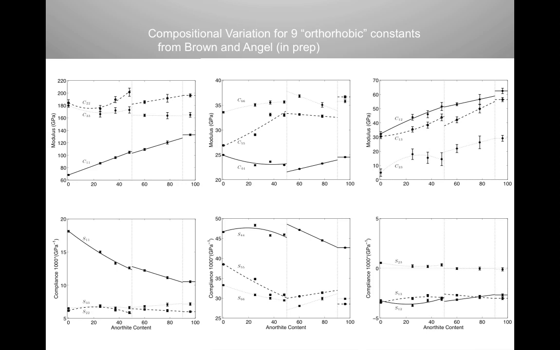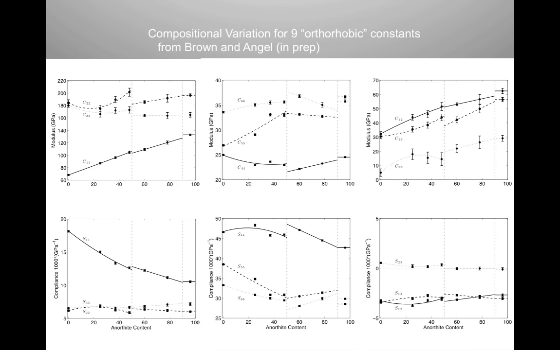Now the interesting thing is that C23 is very close to 0 for albite, but it climbs to a more typical kind of value in the tens of GPa by the time you get to anorthite. In contrast, the other two off-diagonals simply increase from 30 up to 60.